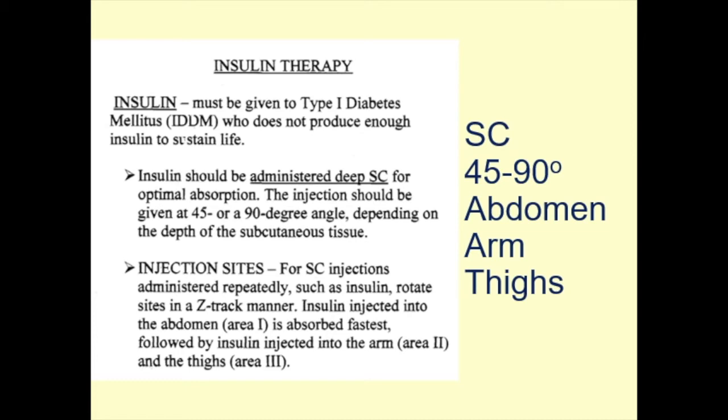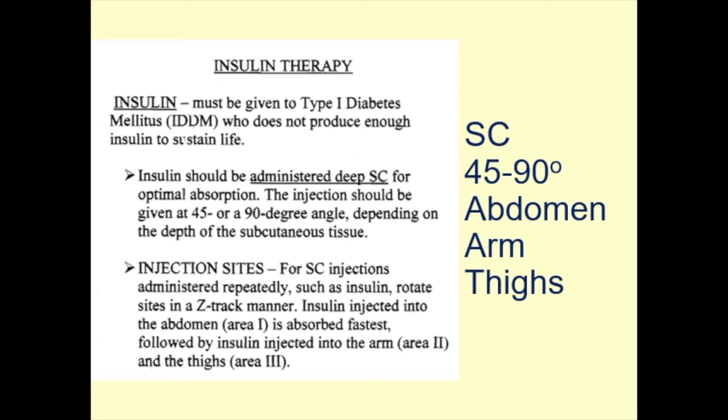So there are these three areas. The three areas are your AAT: you have your abdomen, your arms, and your thigh. According to this, the area of the abdomen would have the fastest absorption of all the insulin. By the way, class, when we are educating our patients on injecting insulin on the abdomen, we usually educate them to move far away from the umbilicus, because the umbilicus is very rich with blood vessels.